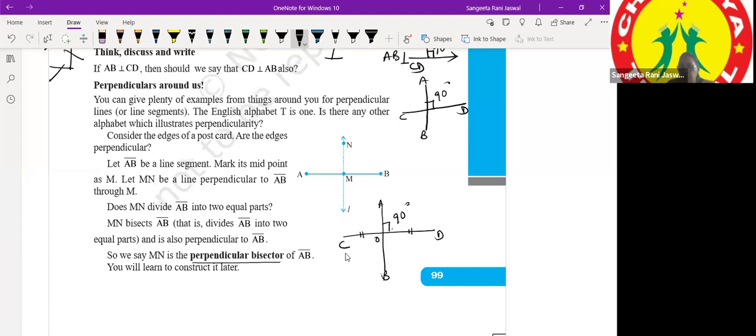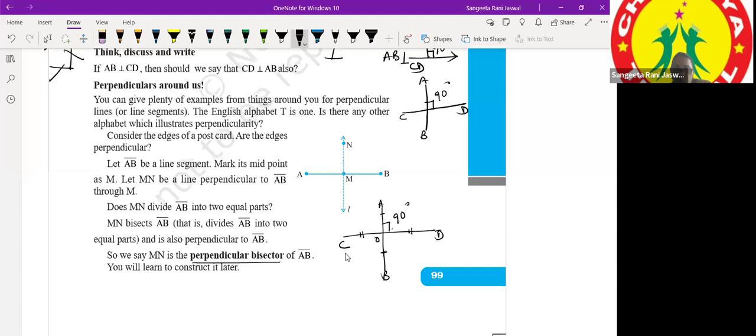If AB intersects the line CD and makes it into two equal parts, then we say that these are perpendicular bisectors. And even CD intersects AB and divides it into two equal parts. So we say that these two lines are perpendicular also and they are bisectors also. So the common name for that is perpendicular bisector.